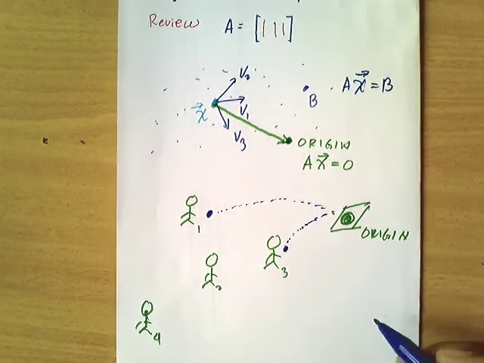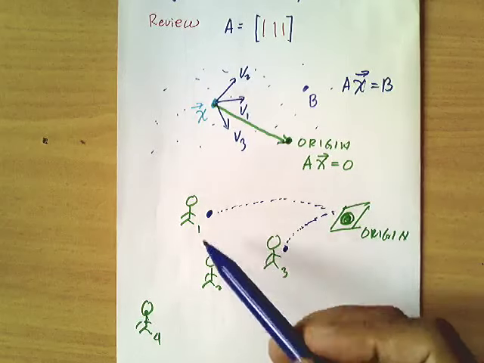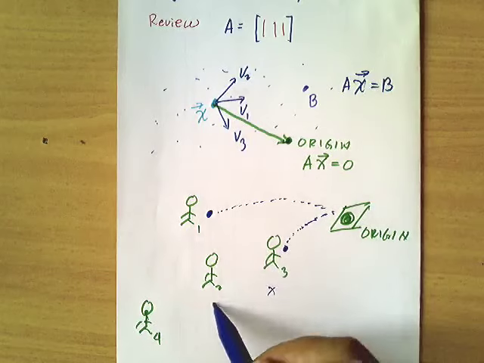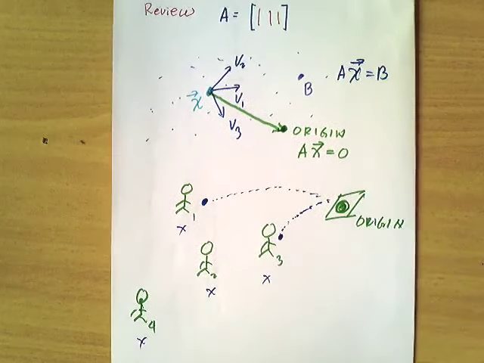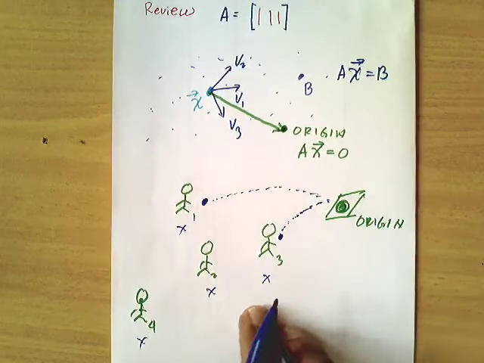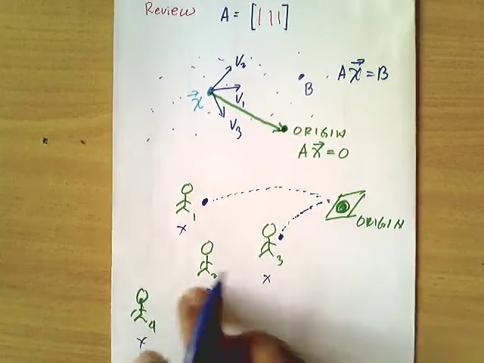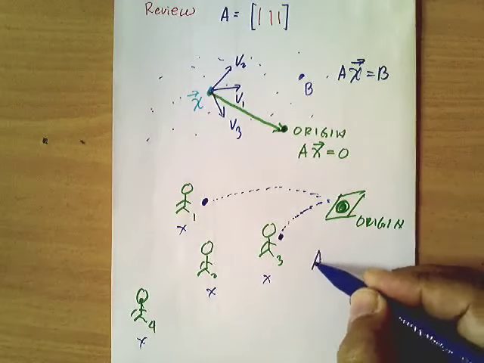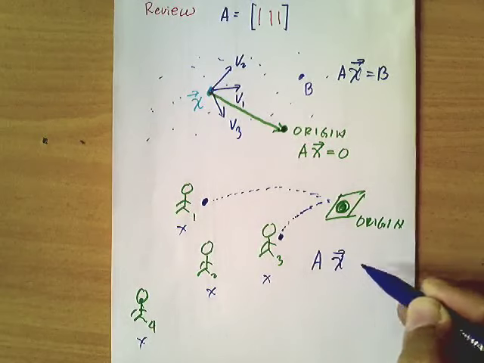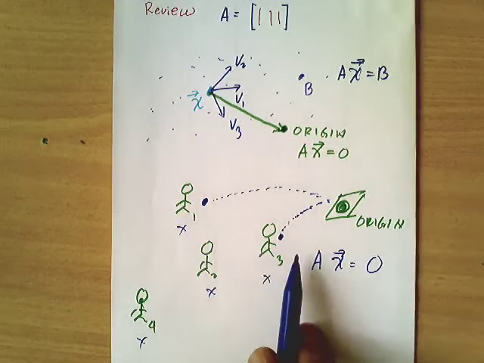So what is the null space then? Imagine that these are all different positions of those players, different positions of those x. Which of these four players can throw the ball into the origin? In this case, it's player 1 and player 3.